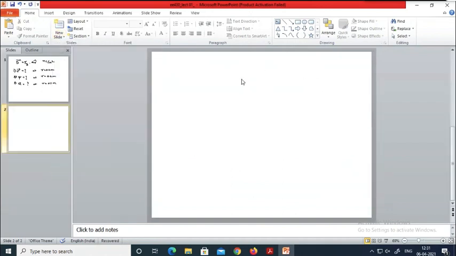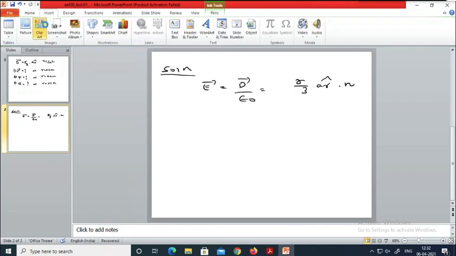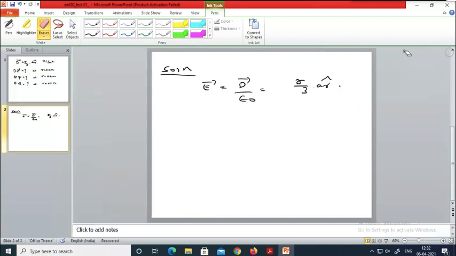Now let me use a standard relationship. E is equal to D by epsilon naught. D is given r by 3 ar cap. It is nanocoulomb, nano is 10 power minus 9, divided by epsilon naught.